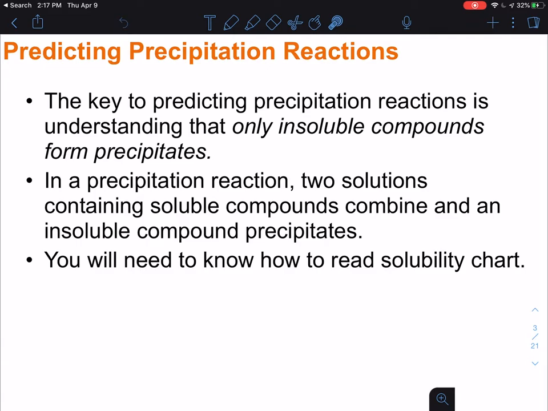In these reactions, two solutions containing soluble compounds combine and an insoluble product is formed, and that insoluble product precipitates out of solution. You will need to know how to read the solubility chart.